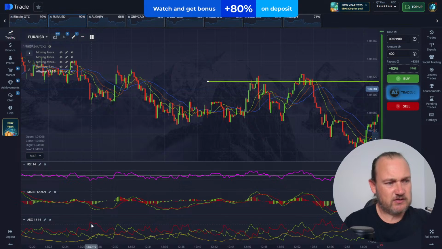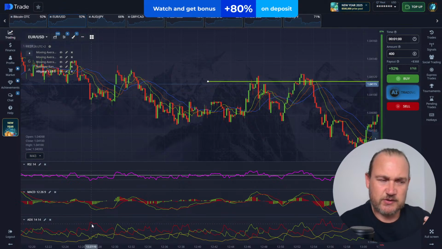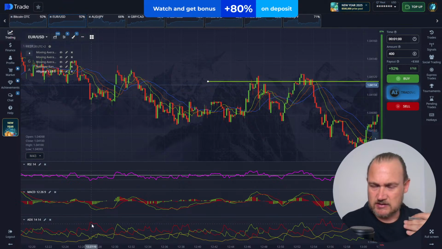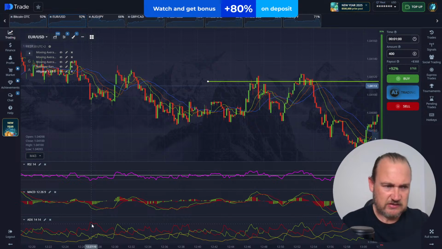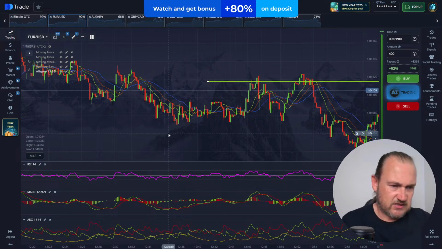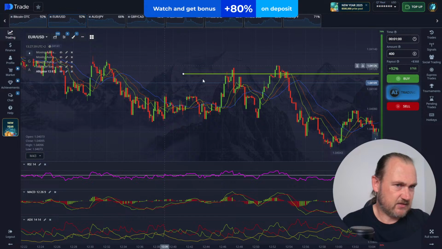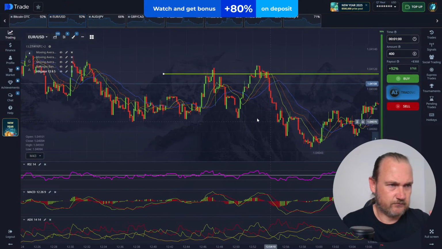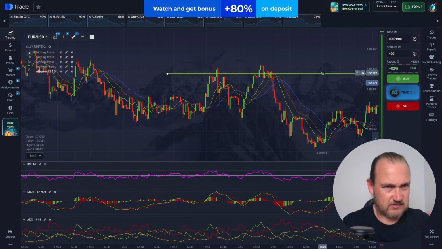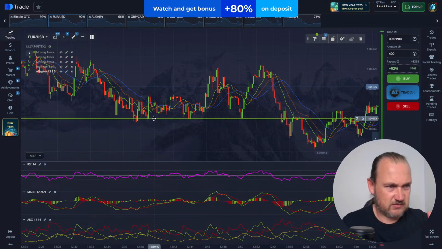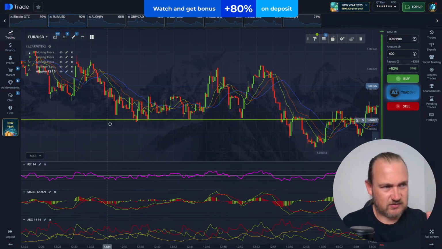So when the DI minus is dominant, we're moving downwards, and when the DI plus is dominant, we're moving in a bullish direction. What we want to look for is areas where the market is ranging, and we can identify these areas using support and resistance like this. We can clearly see that this is a very strong level.